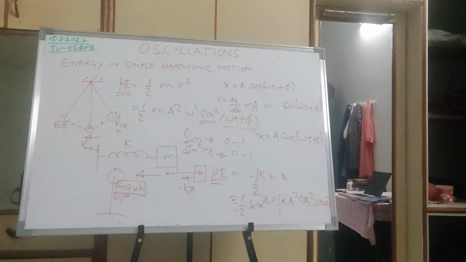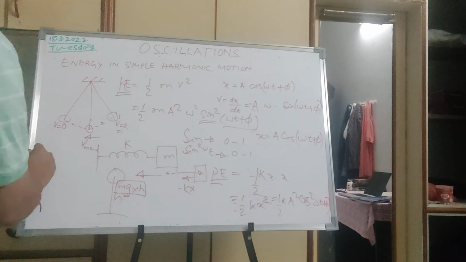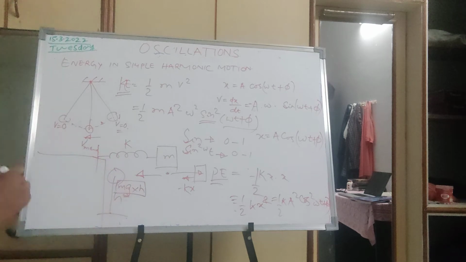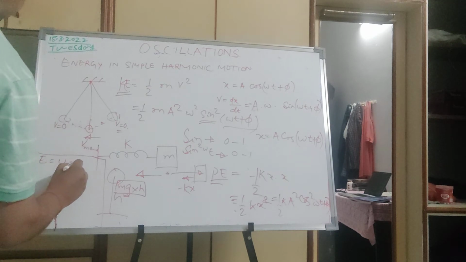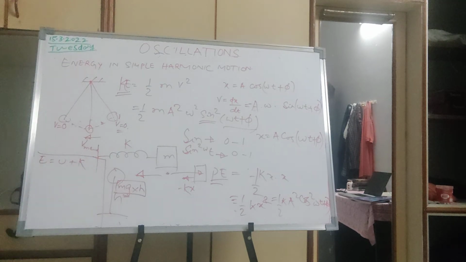So the total energy we write as E. U is your potential energy and K is your kinetic energy.